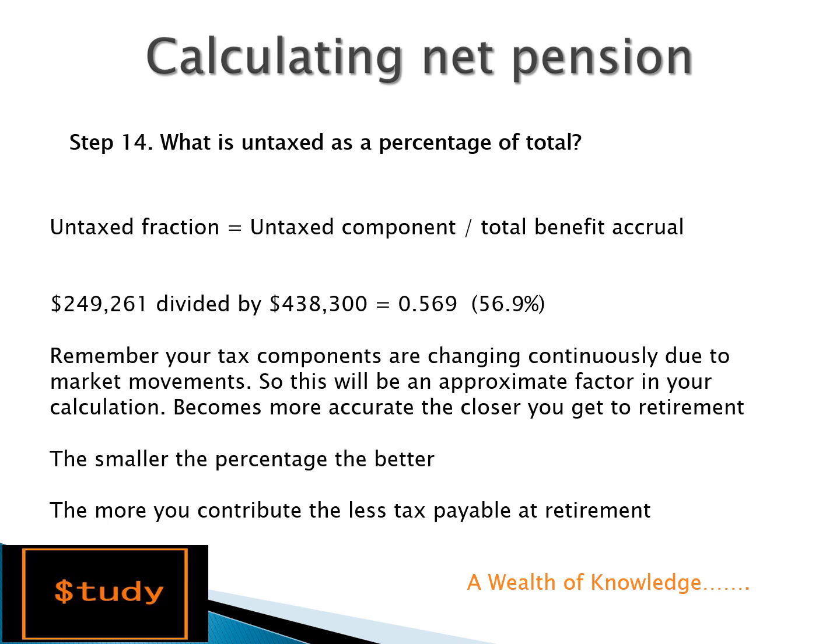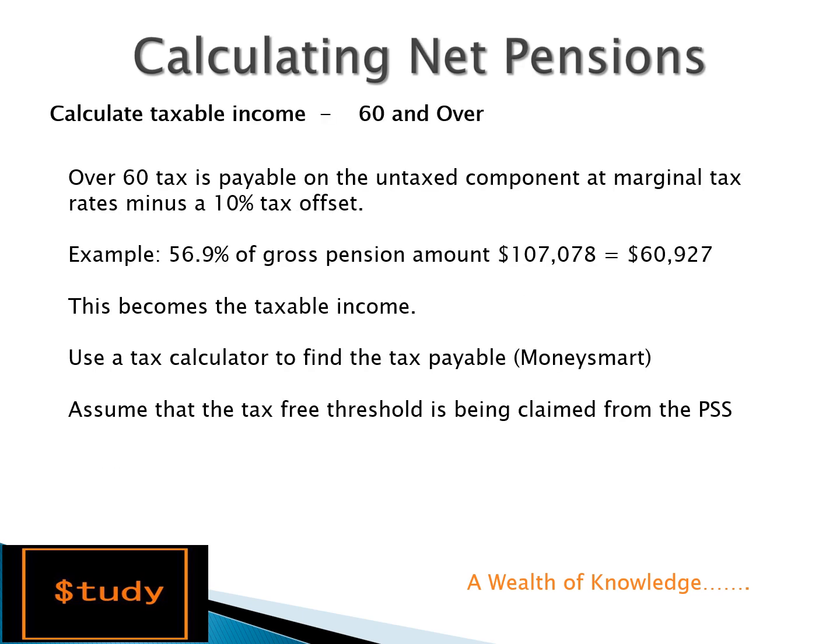Okay, and of course, I say the more you contribute, if you've only been doing 2, 3s and 4s and 5% contributions, not only by ramping up your contribution are you increasing your overall benefit, you're also increasing the tax-free component because of the extra percentage of contributions compared to the total. So we found our percentage, and that's the first part.